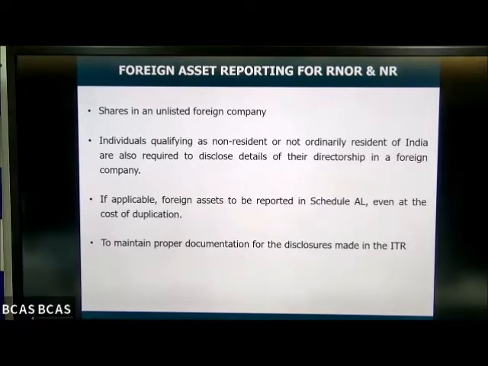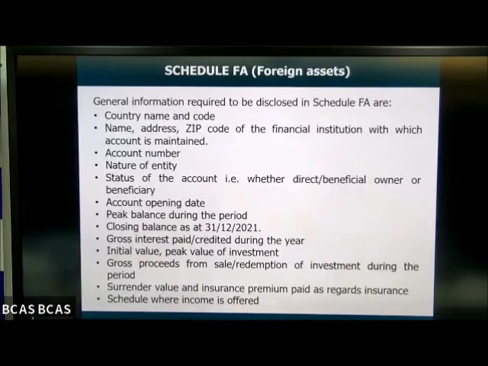So a person who has foreign assets and who is a resident and ordinary resident will need to disclose both in the Schedule AL as well as in the Schedule of Foreign Assets. This would also apply to NRs and NORs. To maintain proper documentation for the disclosure made in the ITR is absolutely critical for anyone who is required to report such assets or income in the ITR.